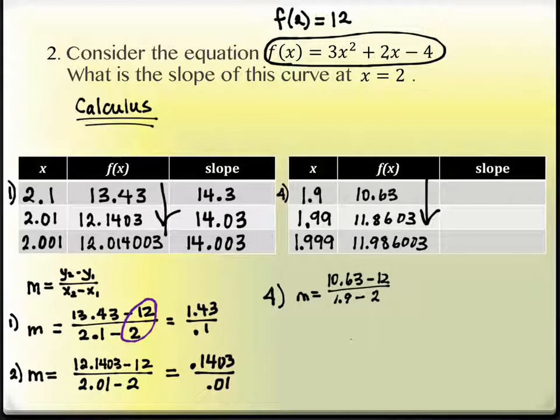So after you do the subtraction and then you do the division, what do you get for your slope when it's 1.9? How about the next one when it's 1.99?